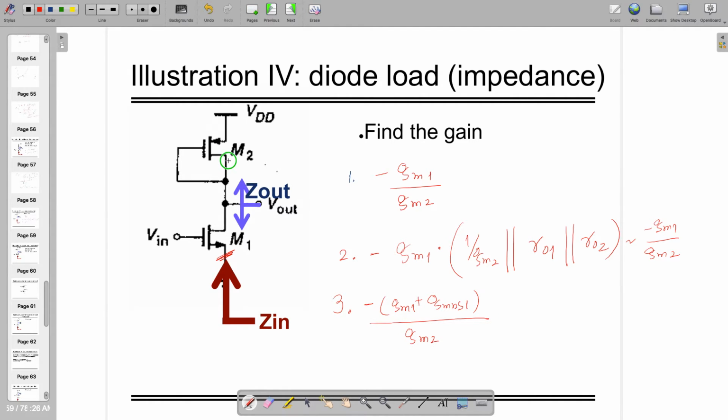If you want to consider the body effect of M2 also, then the answer is this one. Are you able to follow or no? Rahul, are you able to follow or no? So at the back, Manas.